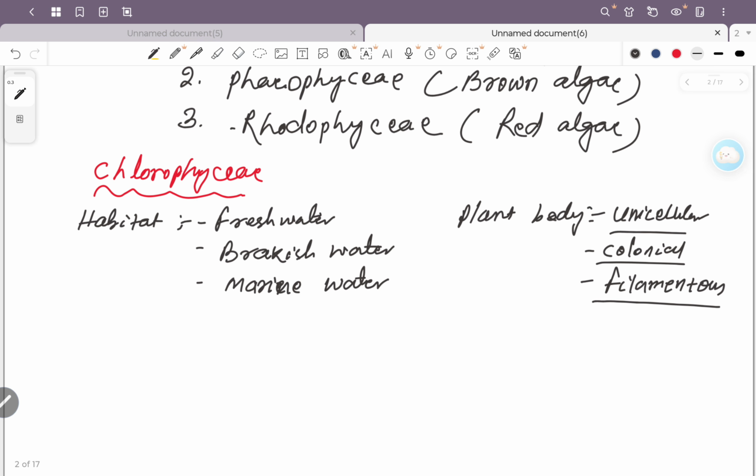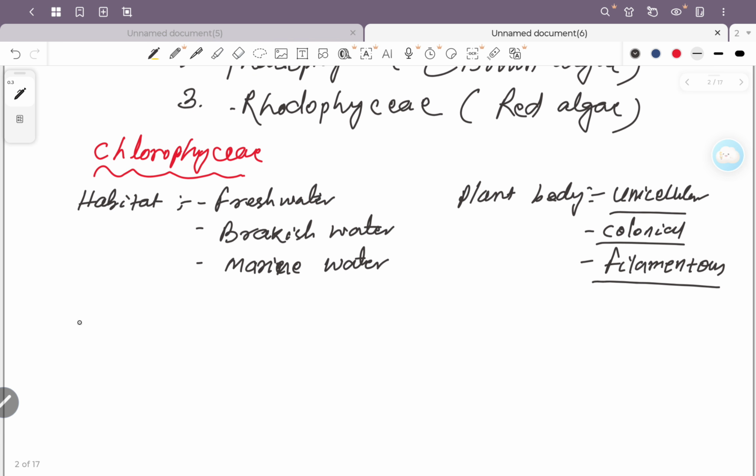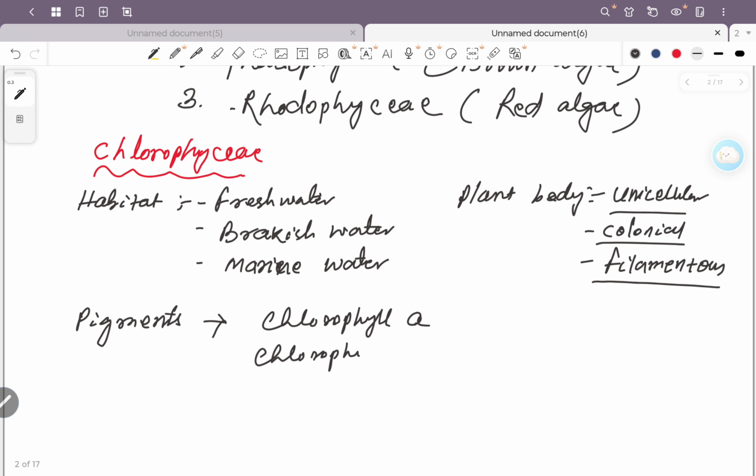Then now come to the pigments. The pigments are chlorophyll A and chlorophyll B, and that's why they are green in color.